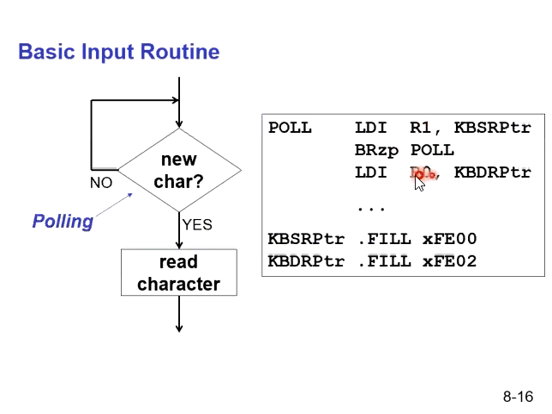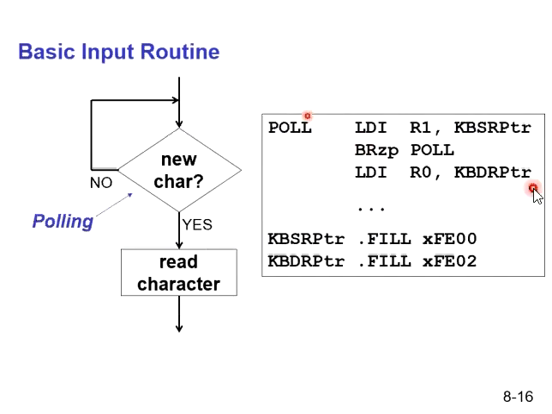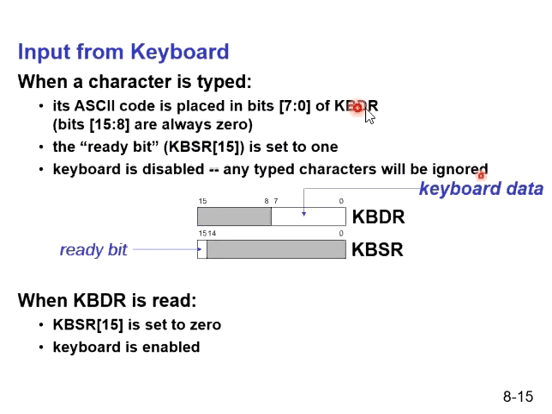When we go out, we have a character in R0. That means we want to assign it to R0, which means we want to read the value from KBDR, because KBDR is now storing the ASCII character.